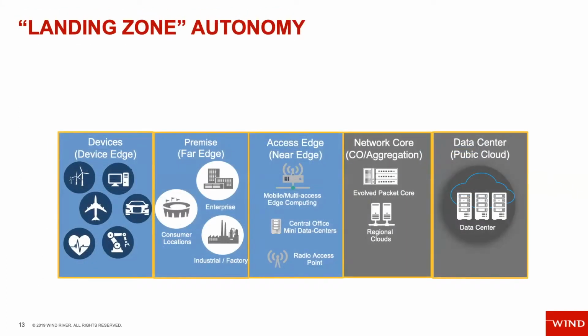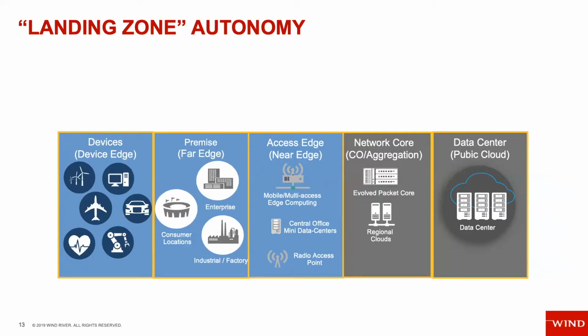So let's look at this from a slightly different perspective. You can see in the blue, these are really different edge locations, and you see a lot of different definitions for edge.